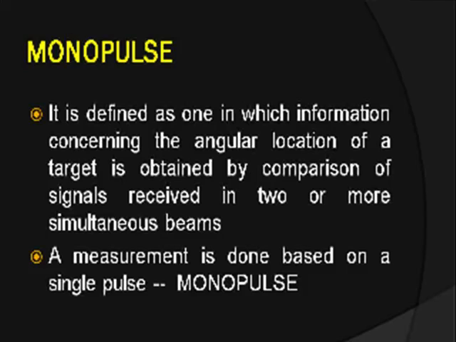It is defined as one in which information concerning the angular location of a target is obtained by comparison of signals received in two or more simultaneous beams. A measurement is done based on a single pulse, so we give the name monopulse.